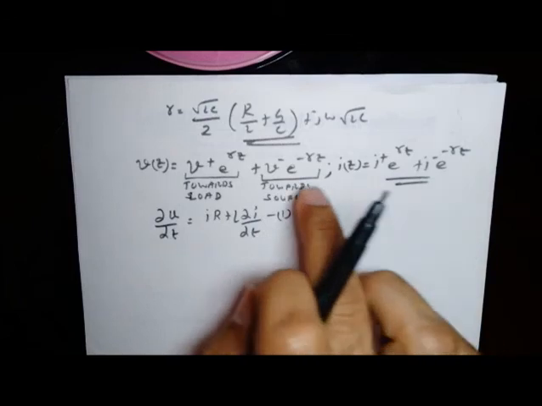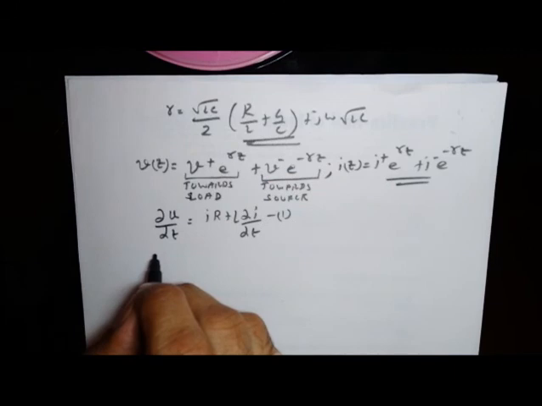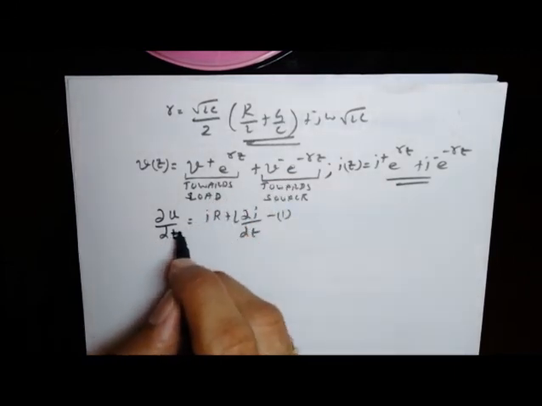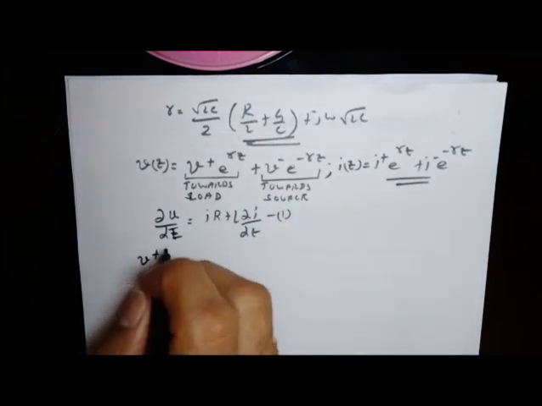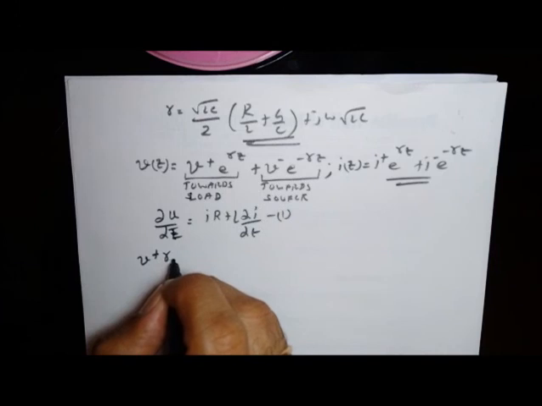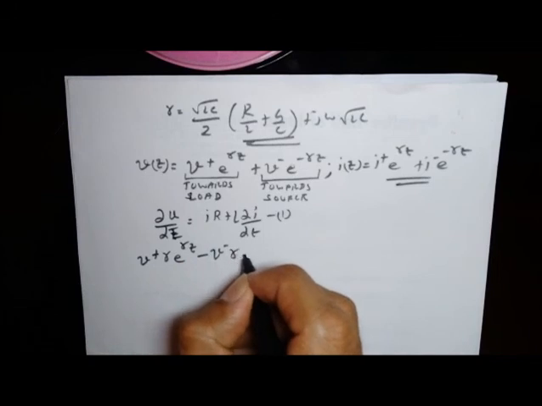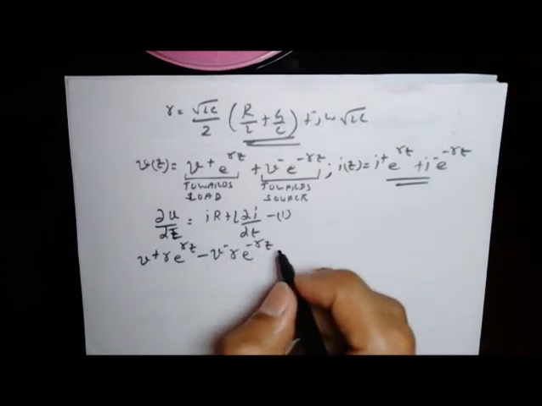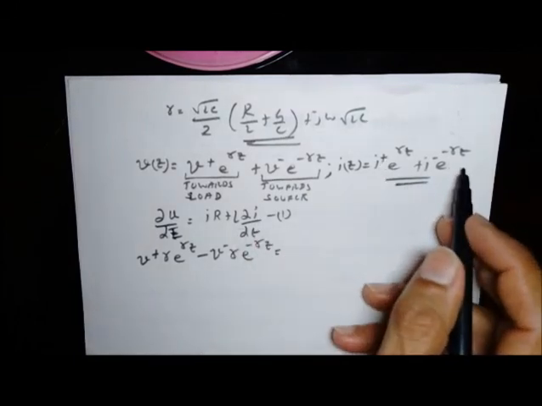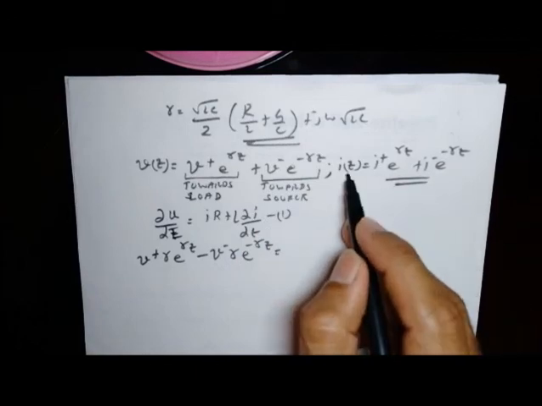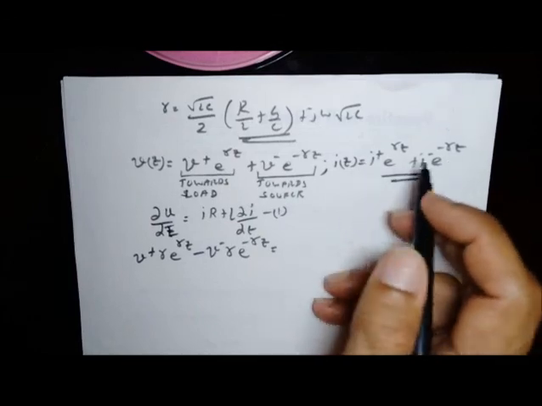Now we substitute these solutions in equation 1 and we end up getting, the left hand side is just a differentiation of this with respect to Z. That is V plus gamma e power gamma Z minus V minus gamma e power minus gamma Z equal to, now since we are using phasor notation, there is an e power j omega t which is not written here, because what is written here is only the function of Z. So there is an e power j omega t term which is also present.